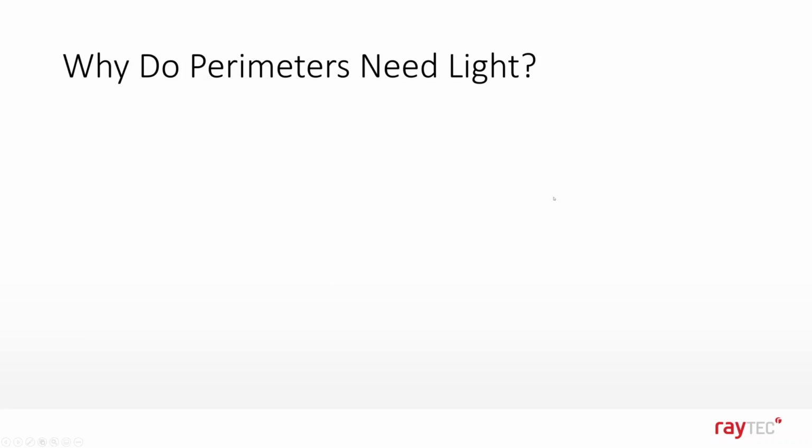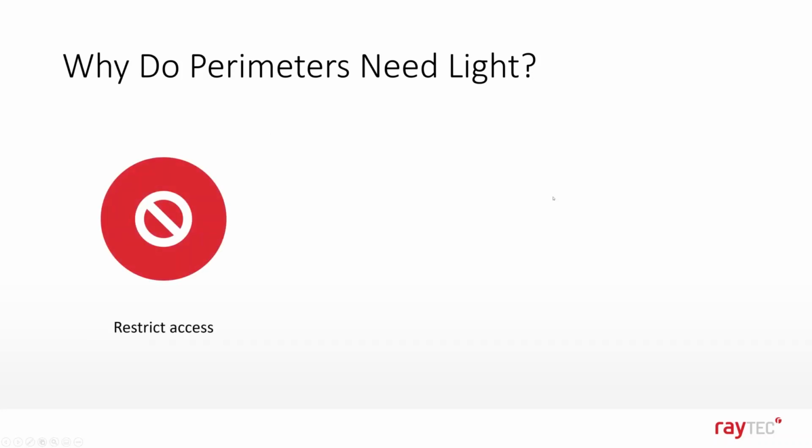So why do perimeters need light to see? Fundamentally, it's one of the first lines of defense. A typical high security site is going to use cameras to surround the perimeter, and you may also have several other devices as part of the system, whether that be PIR, fence sensors, and so forth.